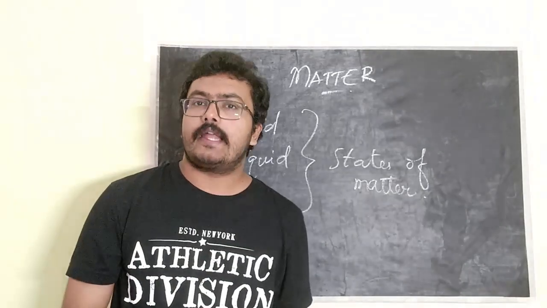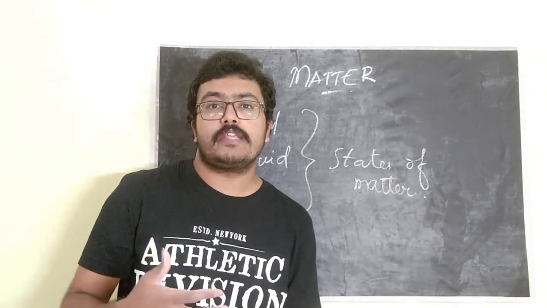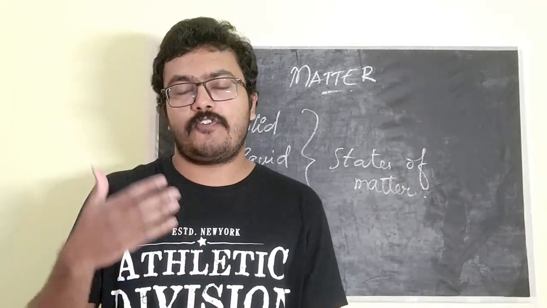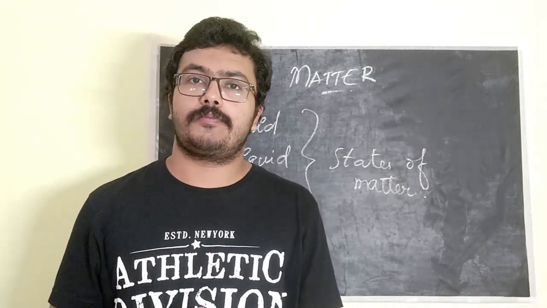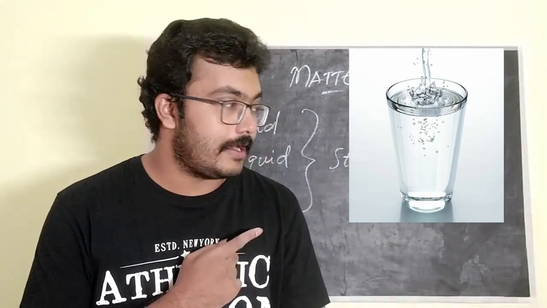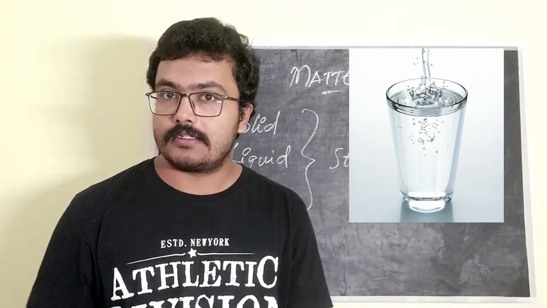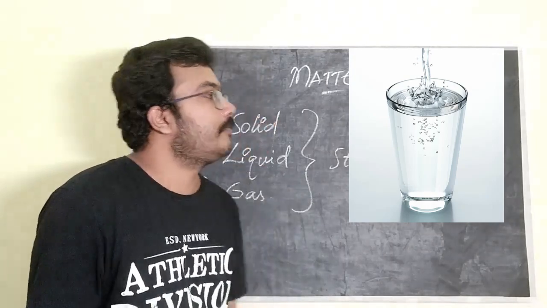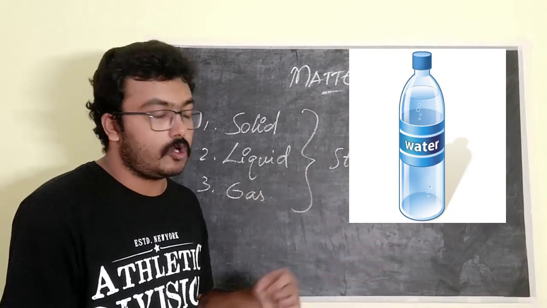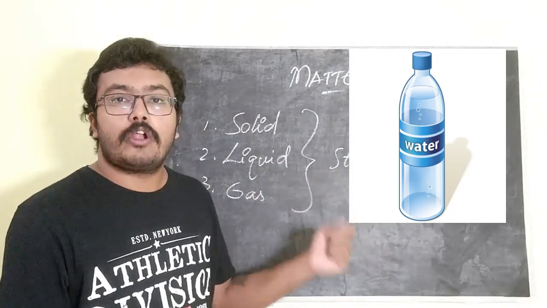It's a known fact that a liquid occupies the space of a container. A liquid takes up the shape of the container it is poured into, just like the glass of water. The water in this glass takes the shape of the glass. Similarly, the water inside the water bottle takes the shape of the bottle.